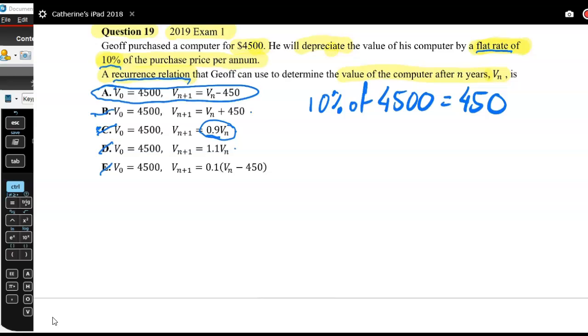We'll look into this a bit more when we look at geometric growth or decay. But because it's a flat rate, that one is wrong, because it's not going down by the $450 every year. So you have to read these questions carefully, and this is why I say always highlight and underline those important words.